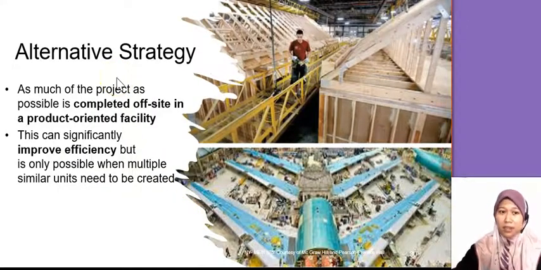Okay, alternative strategy. If you have very limited space, for example, you build by module. For example, to build an airplane for Boeing, the fuselage, the wing, and the other equipment are done by module.